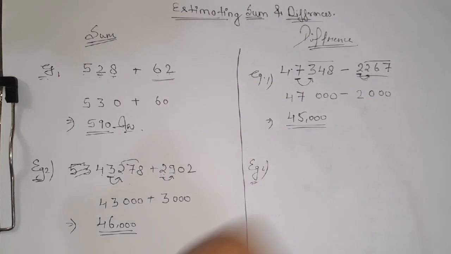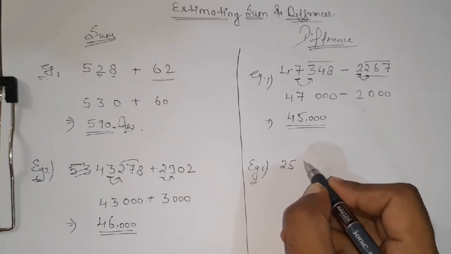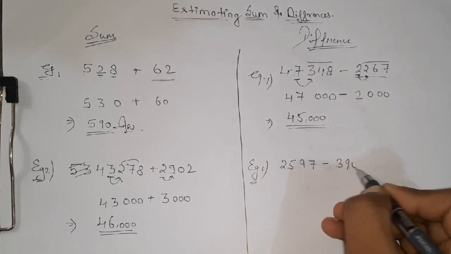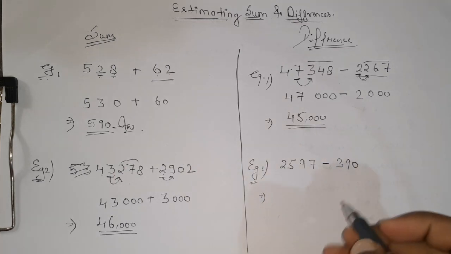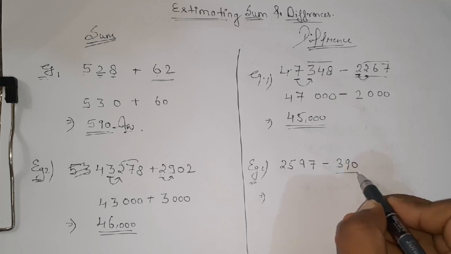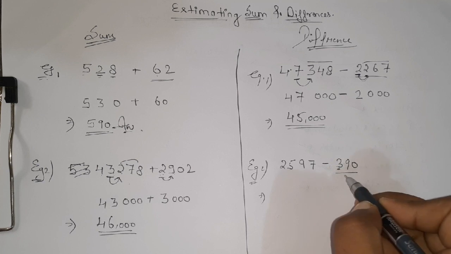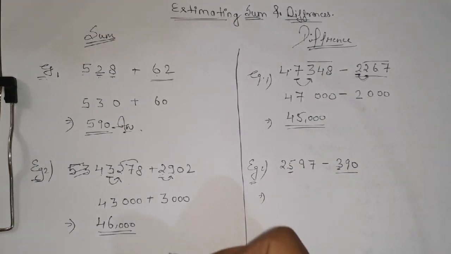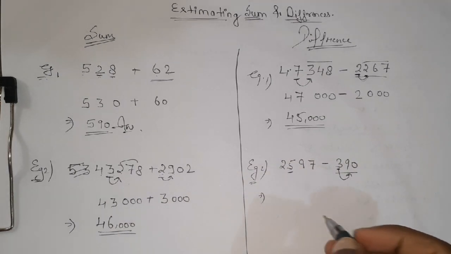Okay, let's do one more question so that you can understand much better: 2597 minus 390. What I told you is to look at the smaller number. So 390 is smaller: ones, tens, hundreds, so this is the hundred place. This is also the hundred place. After 3 you can see it is 9, more than 5.